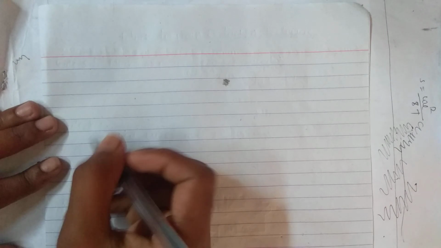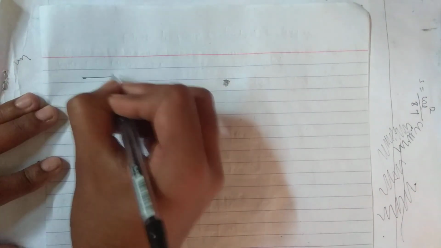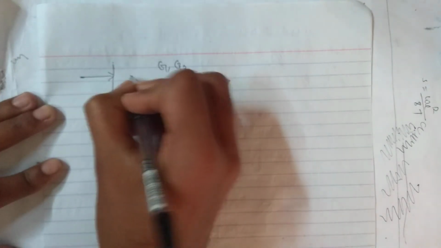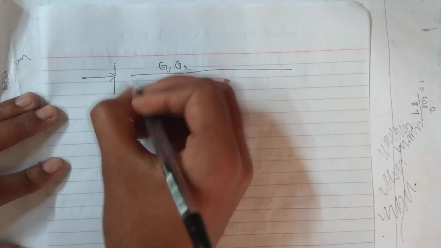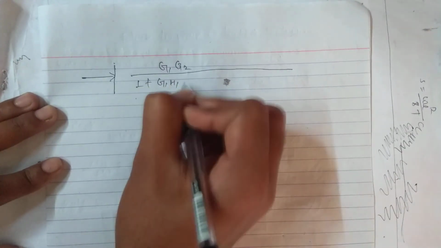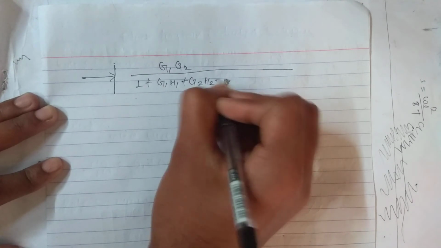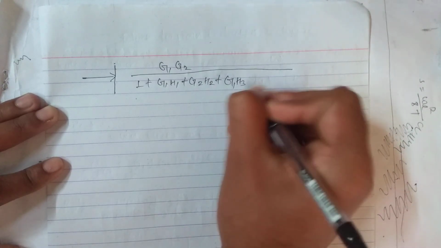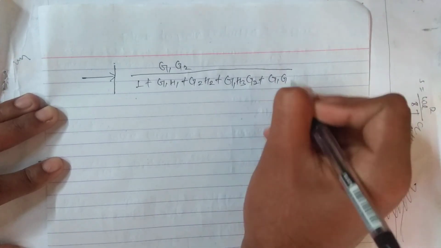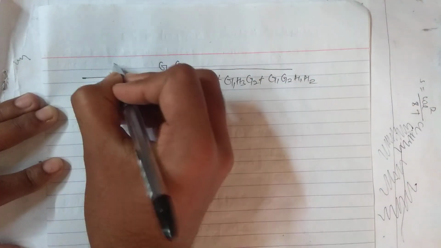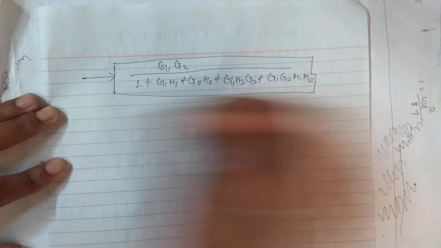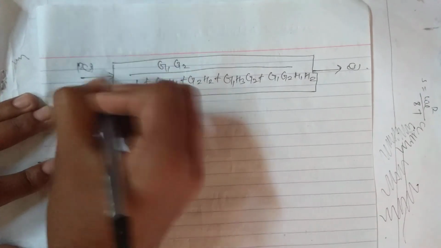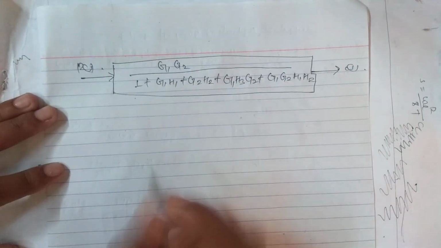By applying the negative feedback, we can write the required transfer function: G1 G2 over 1 plus G1 S1 plus G2 S2 plus G1 S3 G2 plus G1 G2 S1 and S2. And here will be CS and RS. So this is our required transfer function, sir.